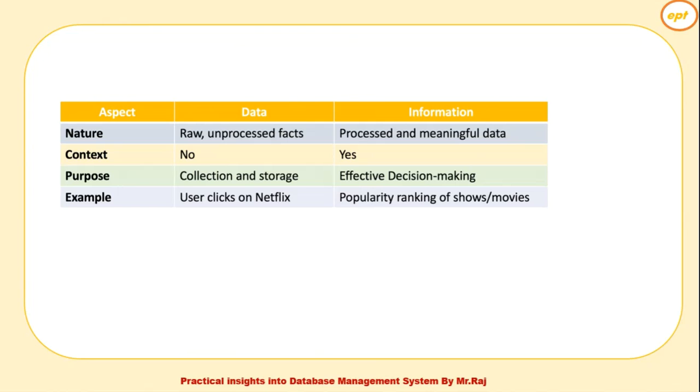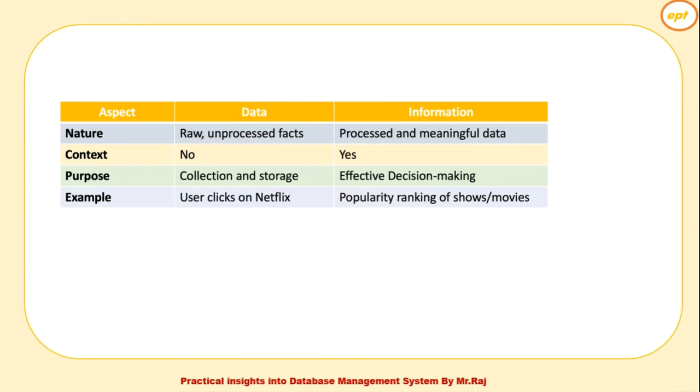The purpose of data is that you collect and store it somewhere in your databases, then perform a lot of analysis and validations on top of it, and convert it into meaningful information. Then on top of the information you can do any work, any activity.